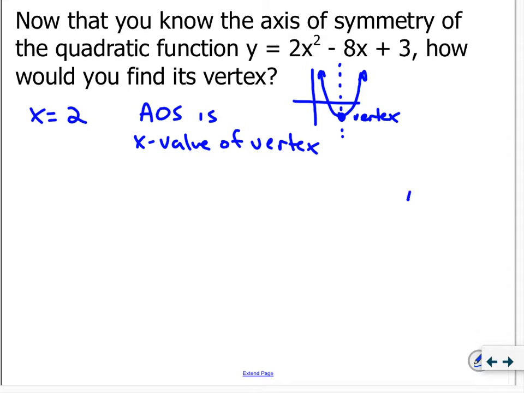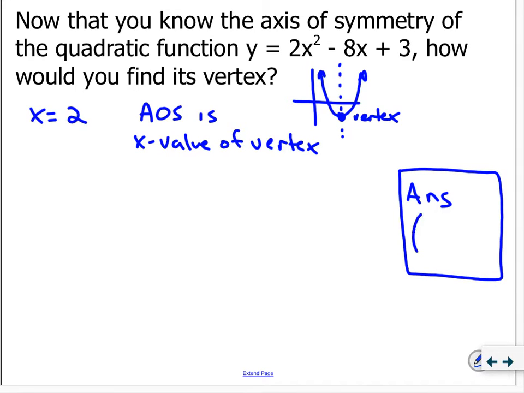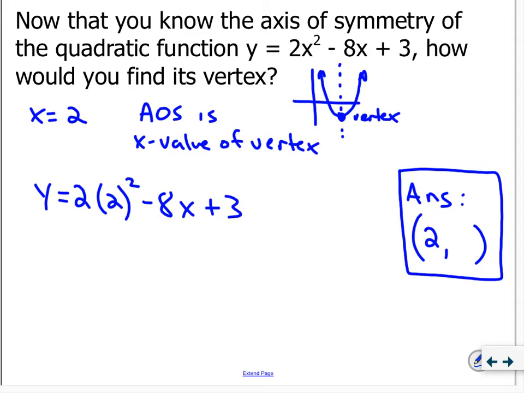Our answer, let's look ahead a little bit. We're going to put a little answer box here. It's going to be the point 2, comma, and we're going to put something in there. So let's figure out how to get what goes in there. We know our x value. Let's plug it in. So y equals 2 times 2 squared minus 8x plus 3. So you do the order of operations, right?